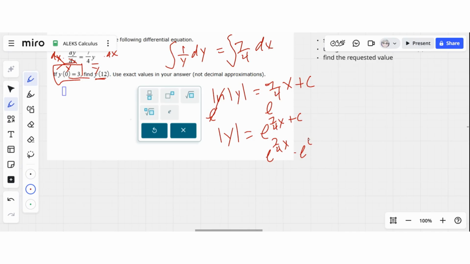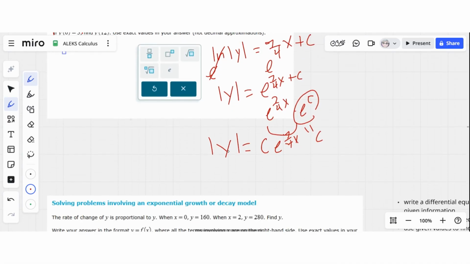Now, e to some constant, well, e is just a constant, so this whole thing is a constant. So I could take that and just put it out front, and I'd have the absolute value of y equals c times e to the 7/4 x. At this point, I'm just going to drop the absolute value. We're just going to take the positive case here and see how we go about solving this.